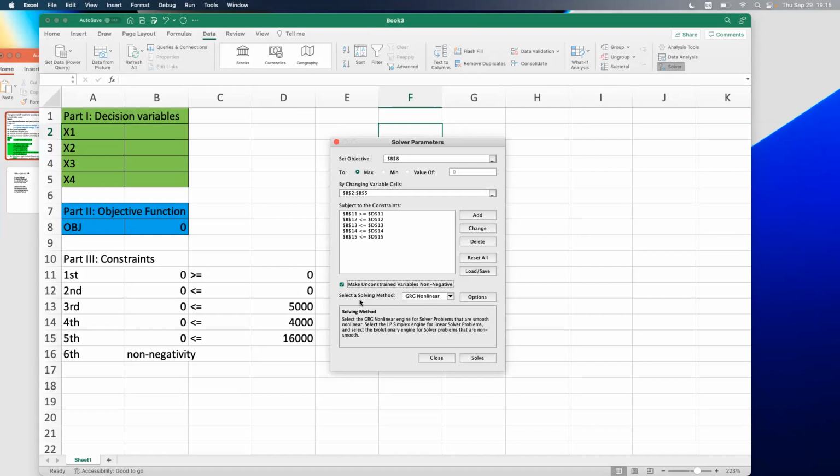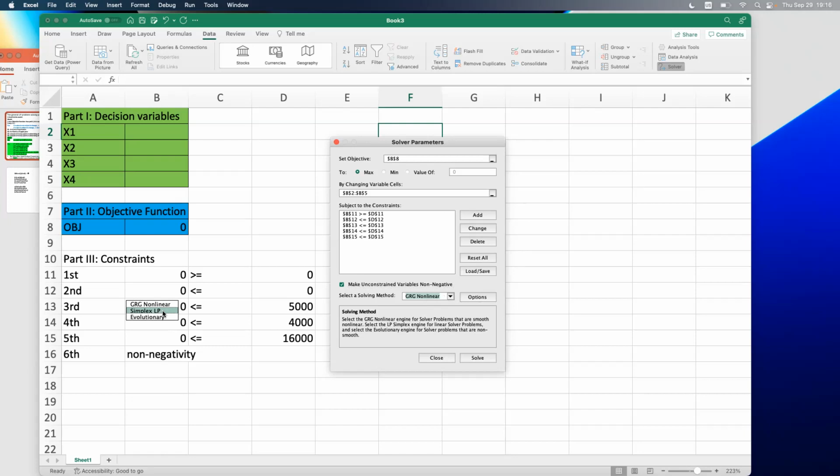And one more step. Select a solving method. It depends on the problem type. If you've got a nonlinear equation, either in your objective function or in the constraints, you should choose nonlinear. Or if you found all the formulas, in the constraints or in the objective function, have a linear relation, you should choose simplex LP, so linear programming.